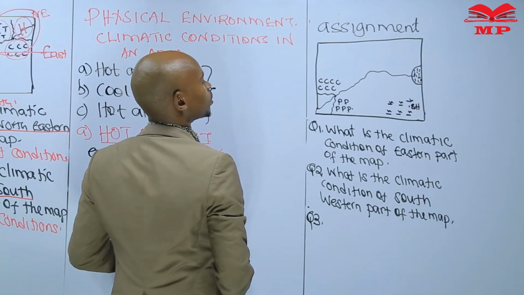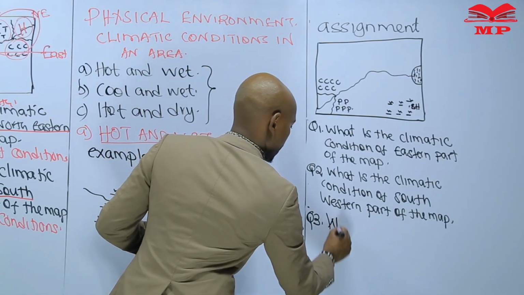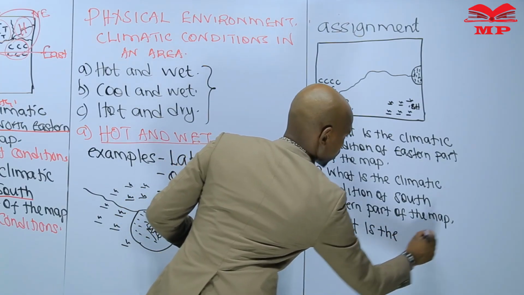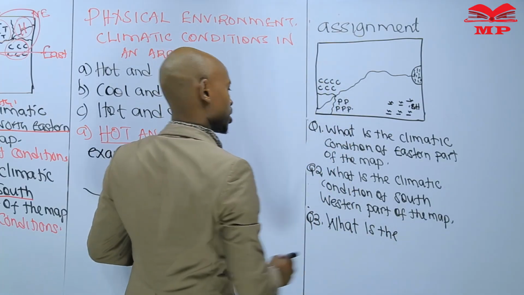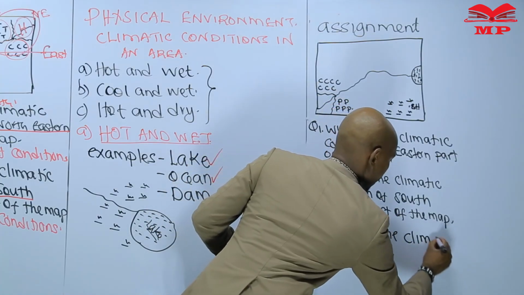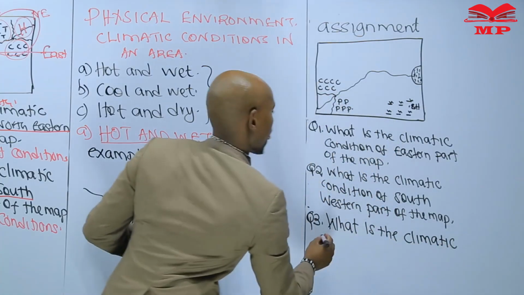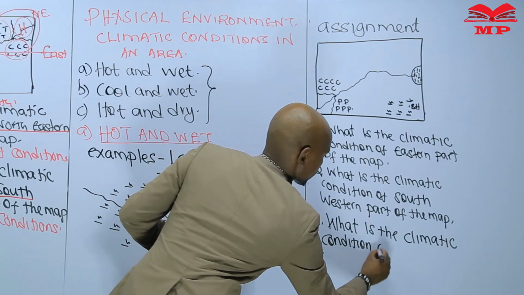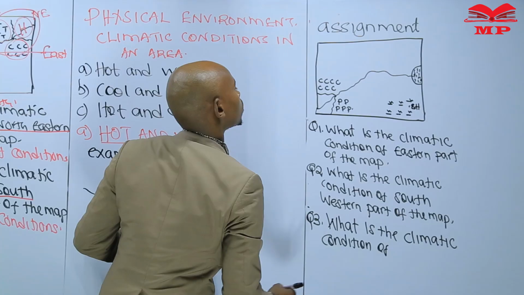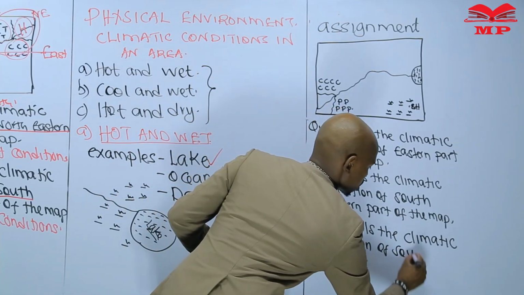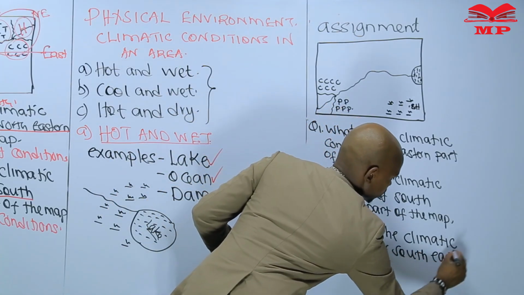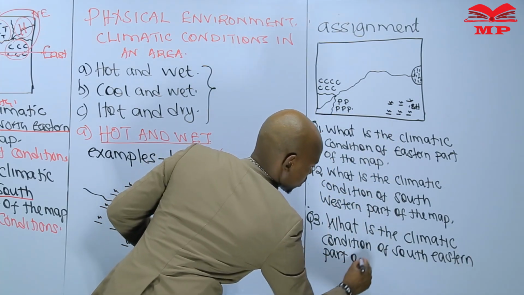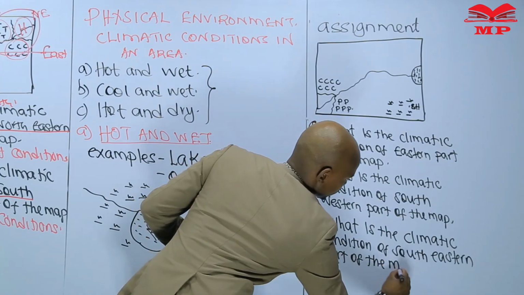Question 3. What is the climatic condition of the southeastern part of the map?